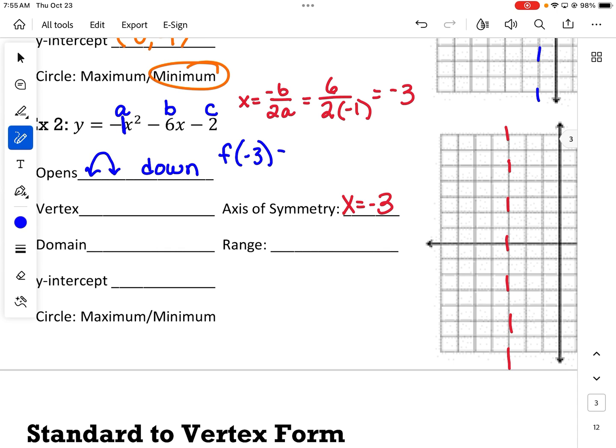Then our vertex is found by doing f of negative 3. Plug it in. So it would be negative parentheses negative 3 squared. So make sure you put it in the right notation. Minus 6 times negative 3 minus 2.